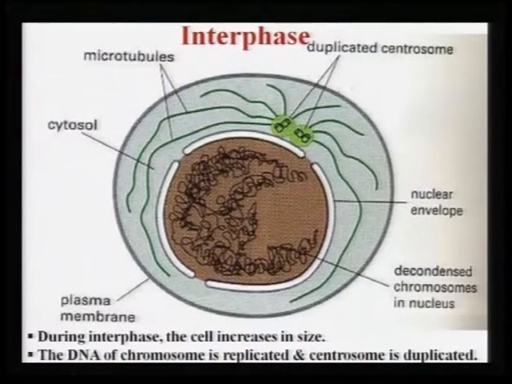So, this is the interphase, and again it starts. In the interphase you can see that the chromosomal DNA is getting replicated and becoming more and more condensed, and during interphase the cell also increases in size. This increase in size is possible because of more protein synthesis or more metabolic activity inside the cells, because cells can undergo atrophy and hypertrophy.